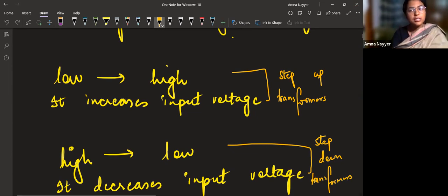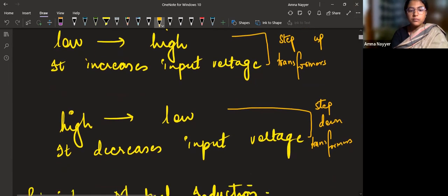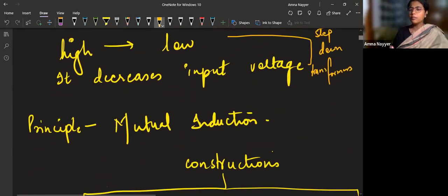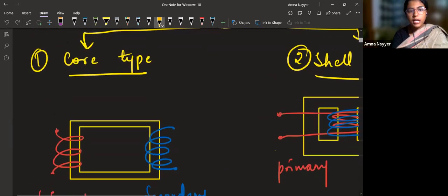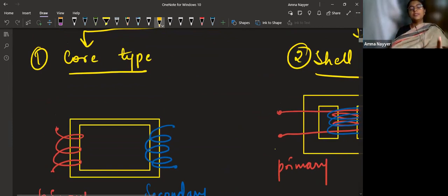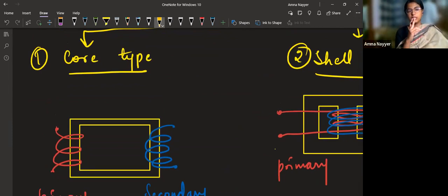Now coming to the construction of it. The principle you already know, mutual induction. So why mutual induction? We'll see here only. Mutual induction's application is your transformers. Now have a look at this. This first one that you are able to see here is known as core type transformer.